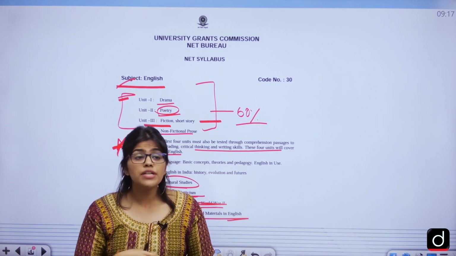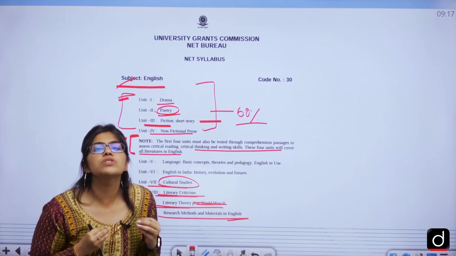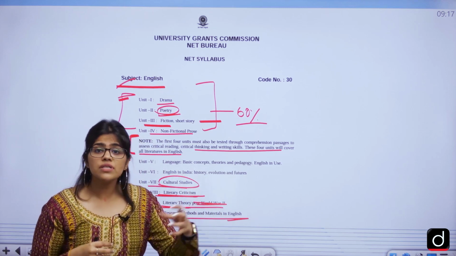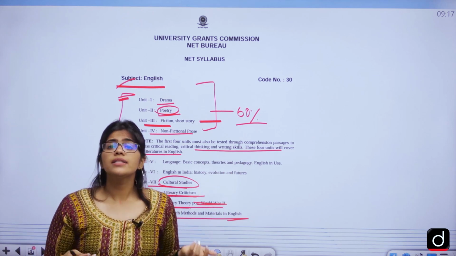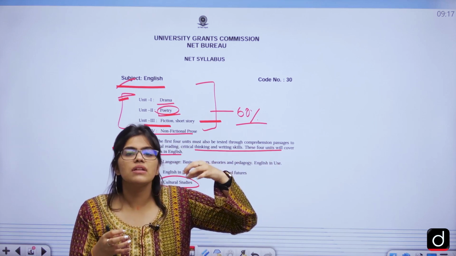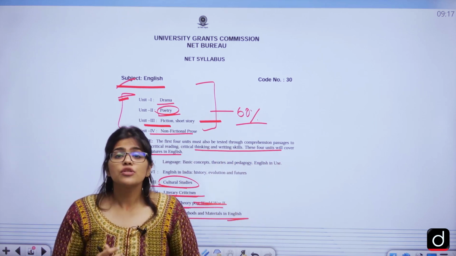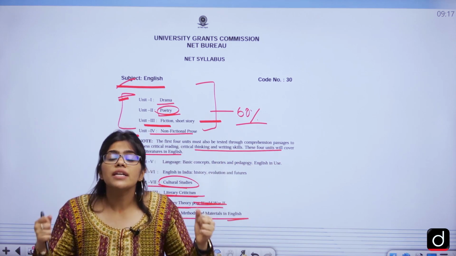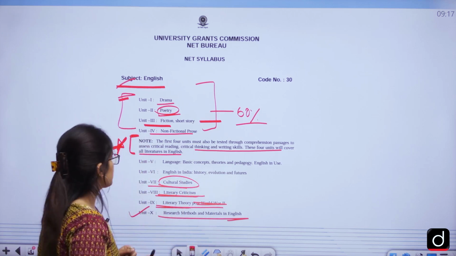In plays, you know that Shakespeare becomes the most important dramatist. So you have to study Marlowe or Shakespeare. This time also in shift 1, there were some statements or lines given from the plays of Shakespeare, and you had to match them. So you have to study all of these things together, right? This is the smart work that I'm asking you to do.